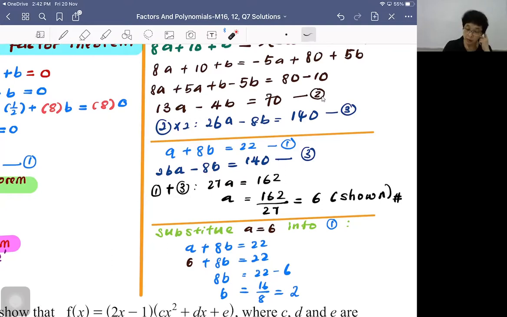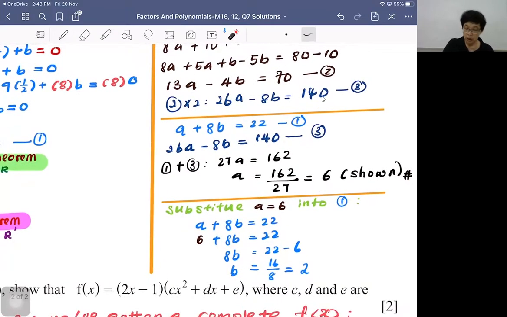Therefore, we get a plus 26a, which gives us 27a, and adding the constants we get 162. Simply dividing both sides by 27, we comfortably compute a equals 6, and we put in the statement that we have shown, telling the examiner we have accomplished the first assignment.